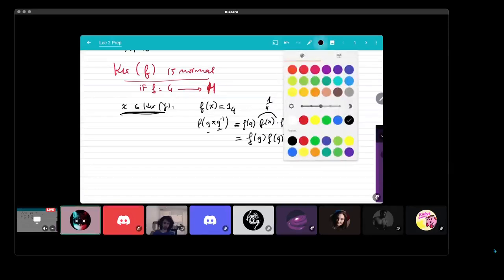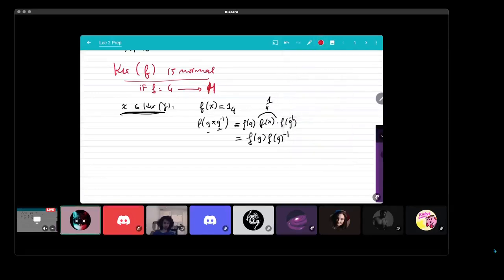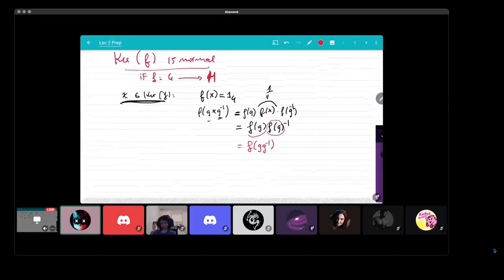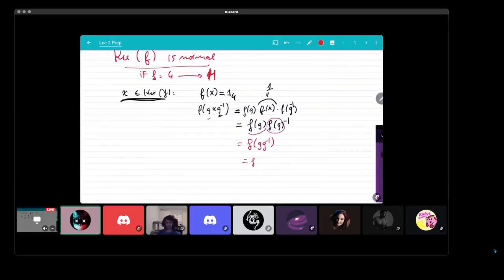In two ways we can show this is equal to 1: first, f of g is the inverse of f of g minus 1, or we can go back using the morphism property and see that this is f of 1 in G, which is equal to the identity element of H.